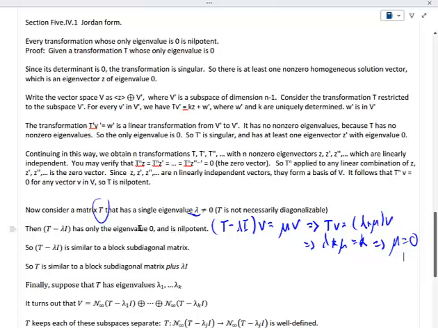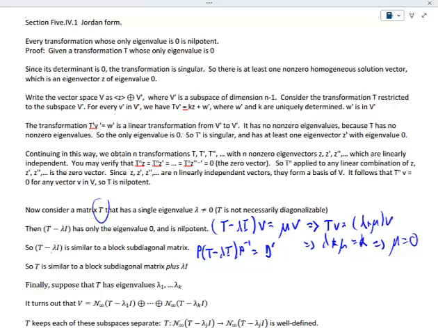Now, since this only has the eigenvalue 0, we know it's nilpotent, and we know it's similar to a block subdiagonal matrix. So very powerful conclusions we've drawn here for a matrix with a single eigenvalue. So what does that give us? It gives us that P times (T minus lambda I) times P inverse is similar to a block subdiagonal matrix, which I'll call D prime. Now, let's see what we can do here.